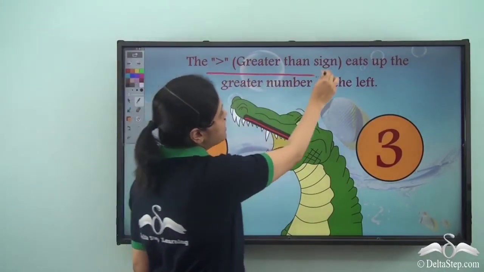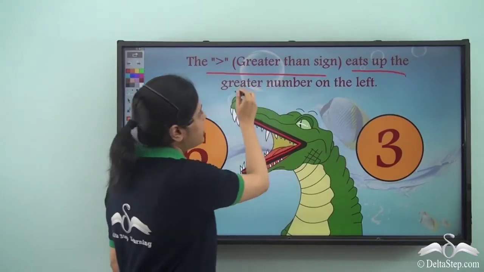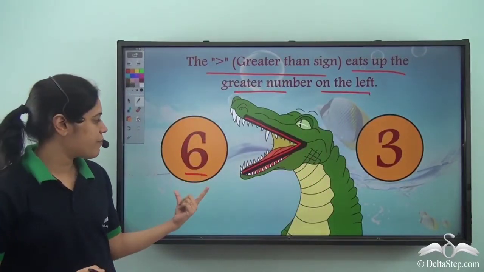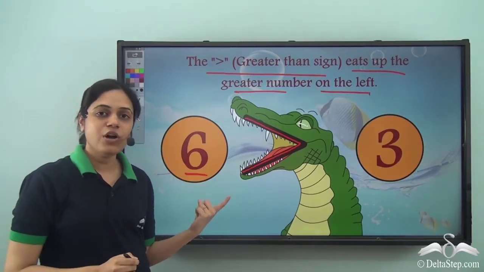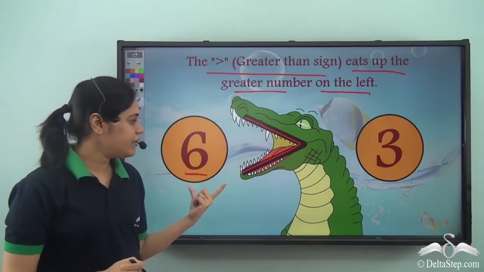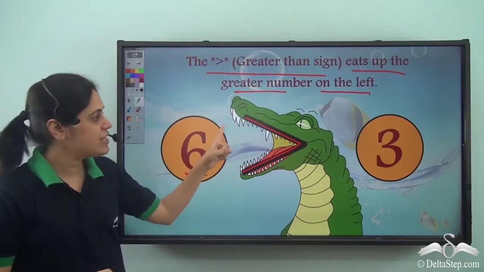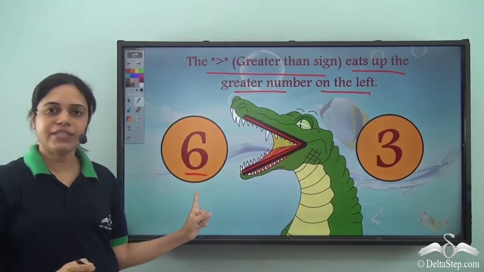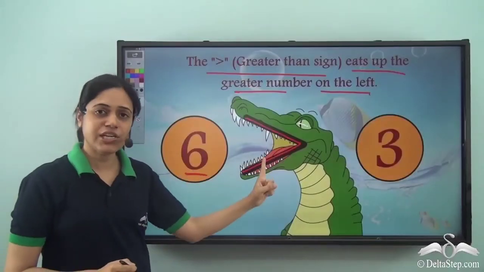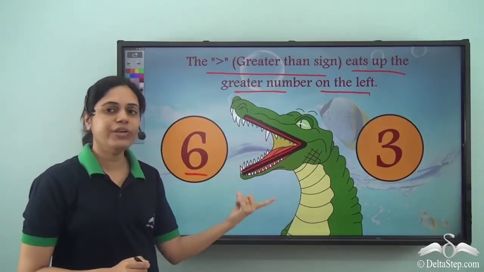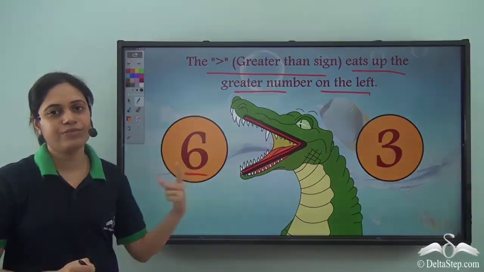So the greater than sign eats up the greater number on the left. So this number is the greater number or the bigger number, and when we have a bigger number on the left, we use the greater than sign. So this actually indicates that the alligator's mouth is open towards the left.